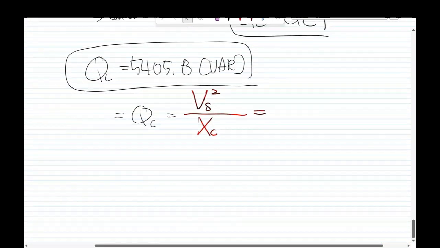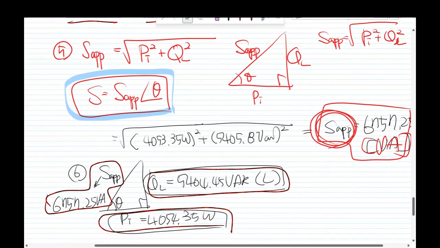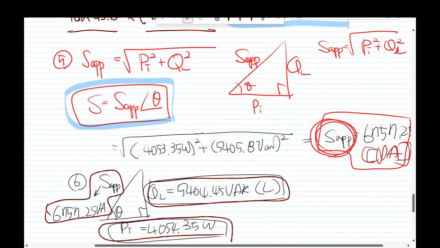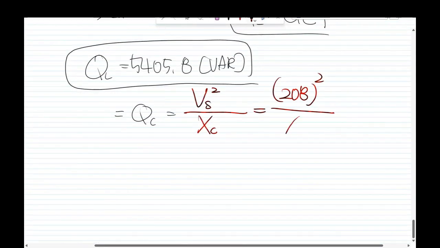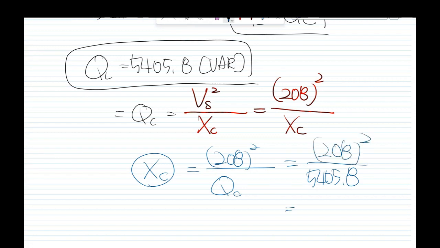X sub C is not given, so that is what we want to find. X sub C is 280 squared over Q sub C, which is 5405.8. X sub C is about 14.5 ohm here.